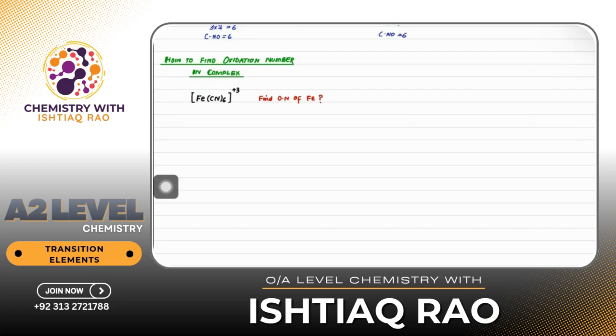Let me tell you first, then you are supposed to solve, okay? Iron is unknown. This is going to be X. We have 6 cyanide. Since cyanide is -1, 6 ones are 6, that is going to be -6, and this is equal to the overall charge. Sorry, the overall charge is -3, not +3. So X minus 6 is -3.